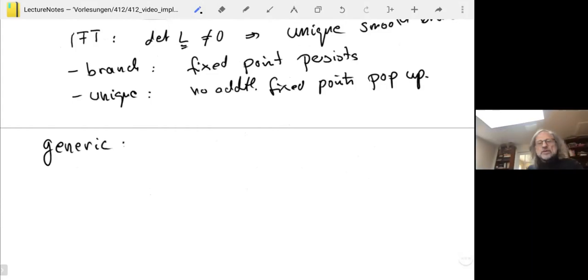A generic property is a property of an equation that would be attained if you pick random coefficients, if you don't have to tune a parameter. So if you imagine you have this matrix L, the Jacobian, and you pick arbitrary elements in it, would you expect the determinant to be 0 or not? Obviously, in order to get it to 0, you would have to tune a parameter. And so you can say the determinant of L is generically not 0.